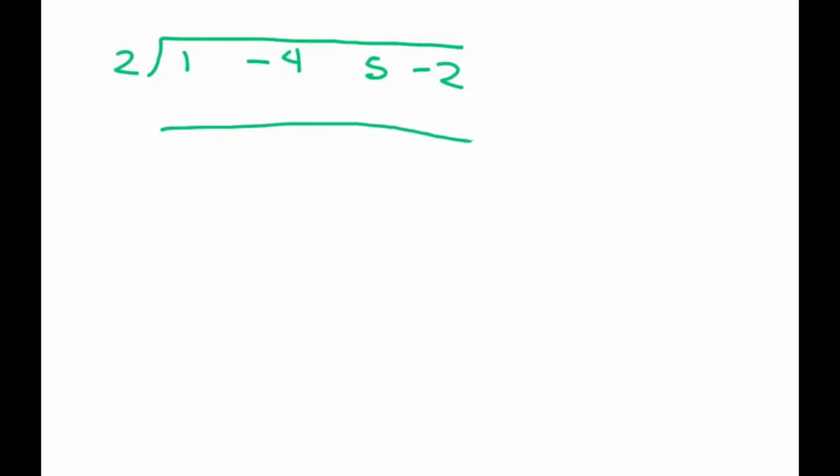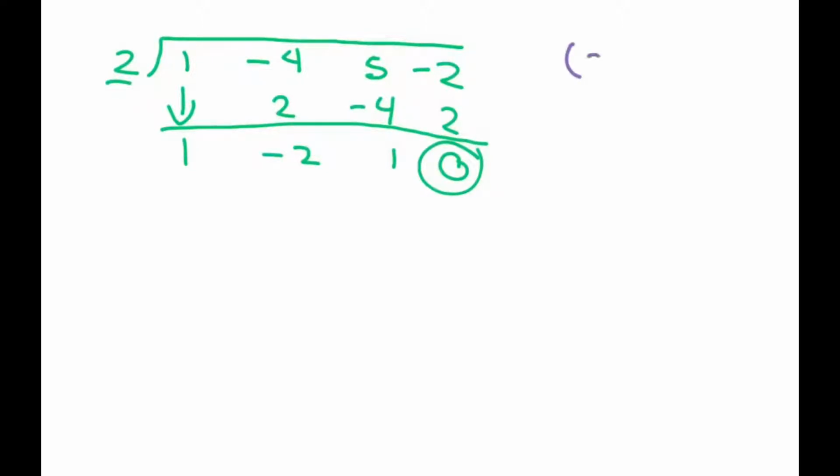If I use 2 and do synthetic division, I'm going to write out 1, -4, 5, and -2, and then draw a line and bring down the 1. So you multiply, add, multiply, and add, multiply, and add. So the 2 is a factor.